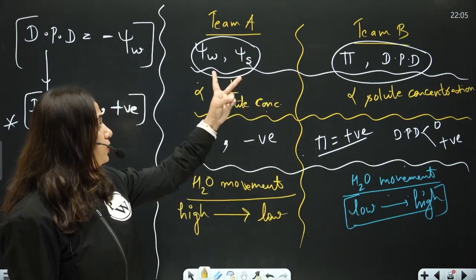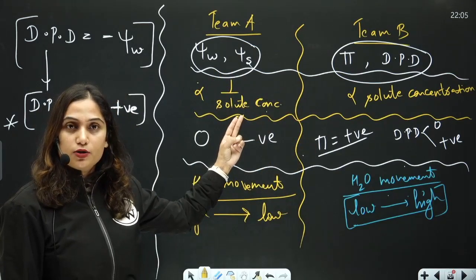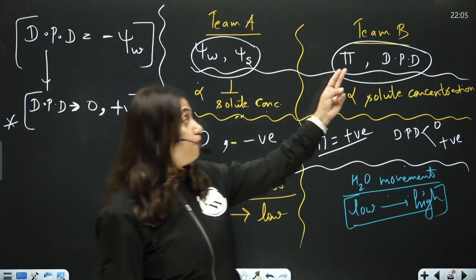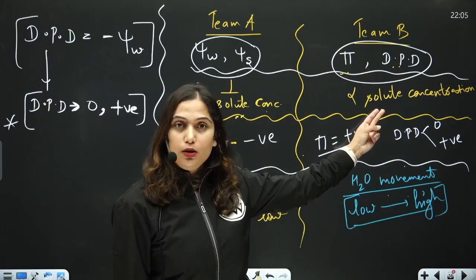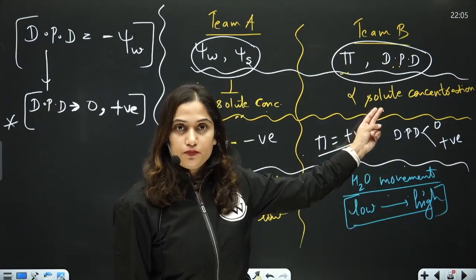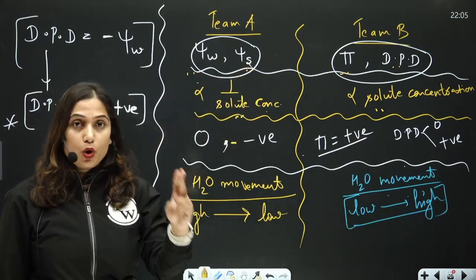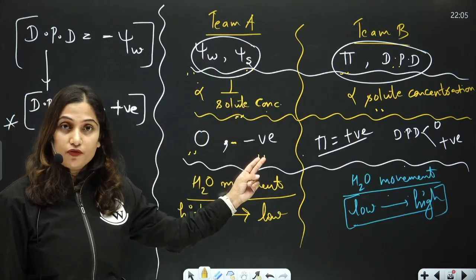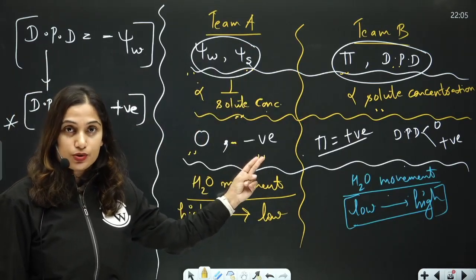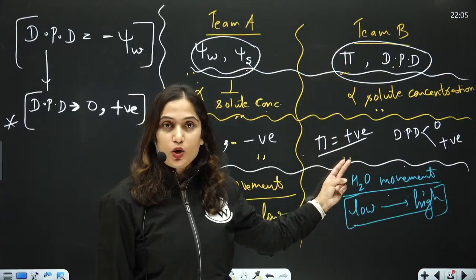Water potential and solute potential, both of them are inversely proportional to solute concentration, but pi and DPD both are directly proportional to solute concentration. Psi W and psi S, for pure water, both of them are 0, and for a solution, both of them are negative values.